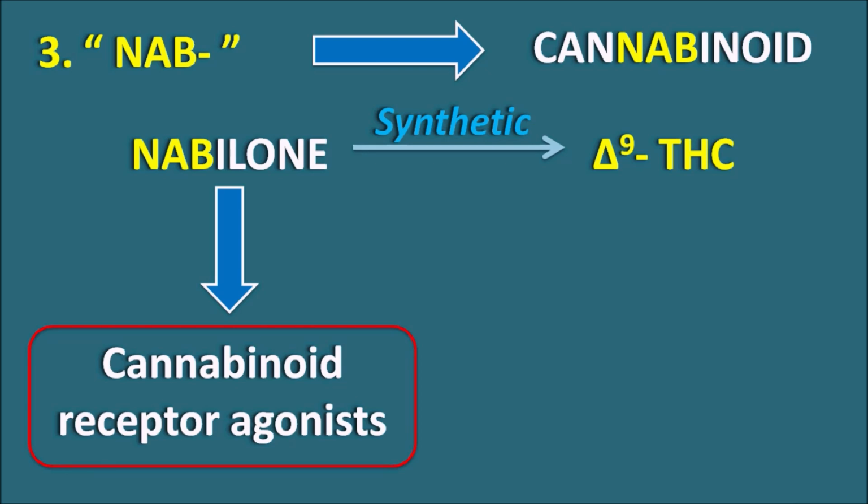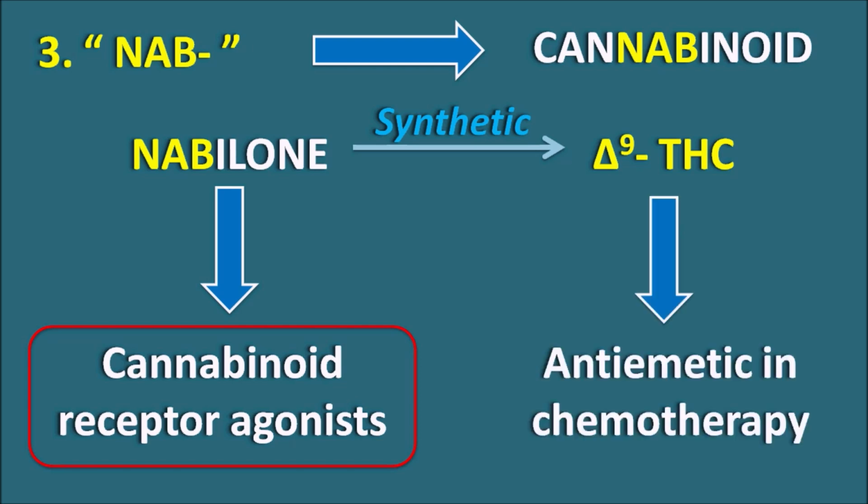It can be used to decrease nausea and vomiting. So nabilone can be used as an antiemetic in chemotherapy, where the chemotherapeutic drugs can produce nausea and vomiting. Whenever other drugs are not sufficient to control the nausea and vomiting, nabilone can be used because it's a synthetic tetrahydrocannabinol derivative. So here the prefix NAB indicates a cannabinoid receptor agonist.